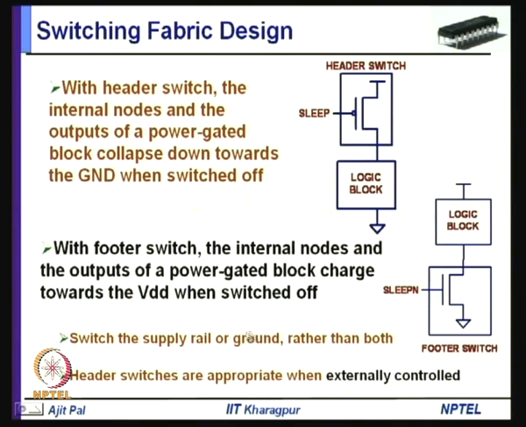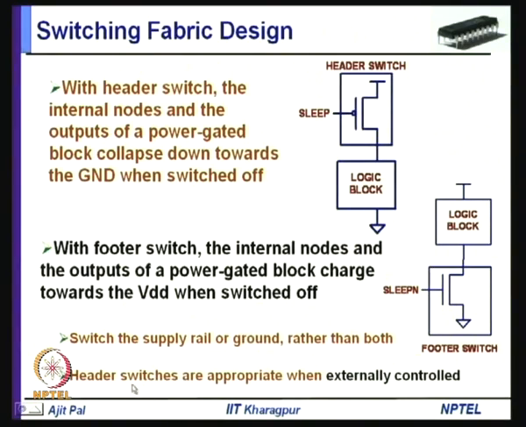So, what has been found, as I told you, is to switch either the supply rail or the ground rather than both. Usually, one of the two switches is used, and particularly the header switch is more appropriate when externally controlled. Later on you will see that power gating is done in two ways. The switch can be external to the chip, or it can be inside the chip.